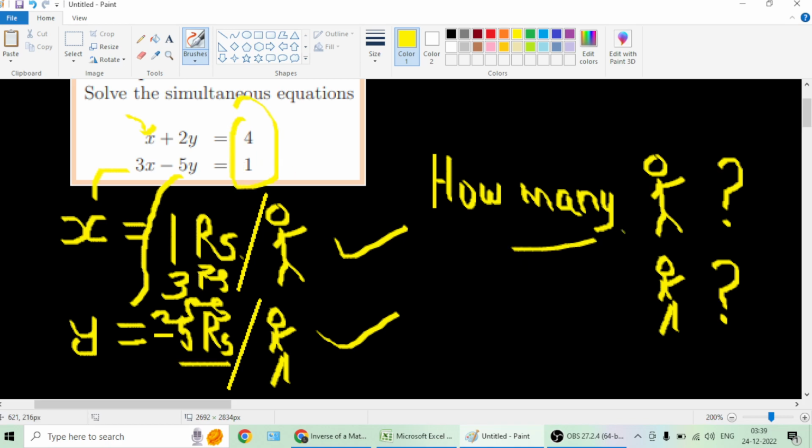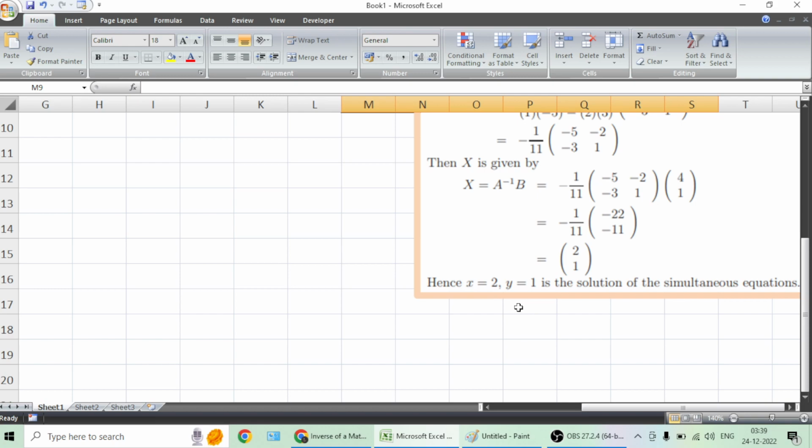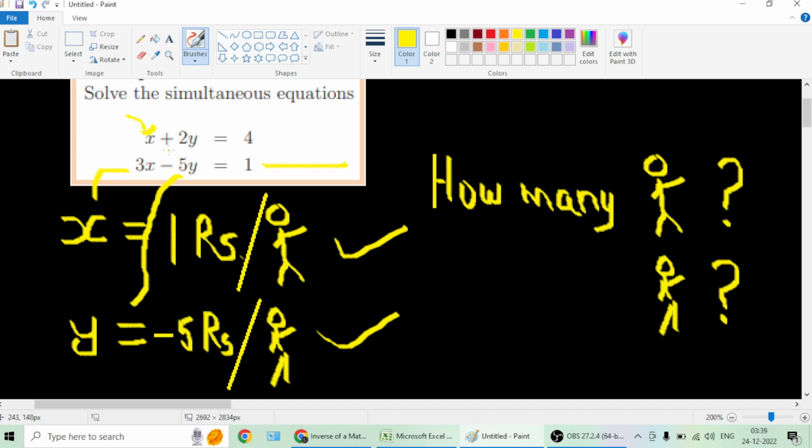We need to know how many men and women would satisfy these two conditions. The answer is that there were two men and one woman on both days, which simultaneously satisfies these equations. So 2 men plus 1 woman, 2 plus 2 will be 4. This also satisfies with x equals 2 and y equals 1 on this occasion also. This is just an outline.